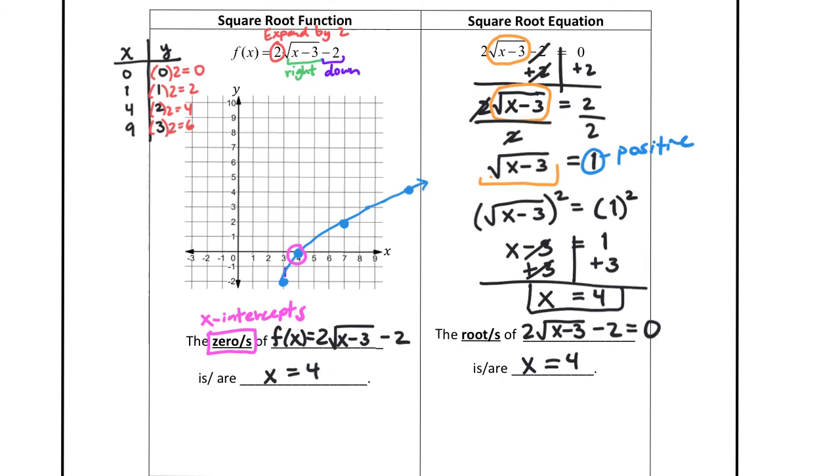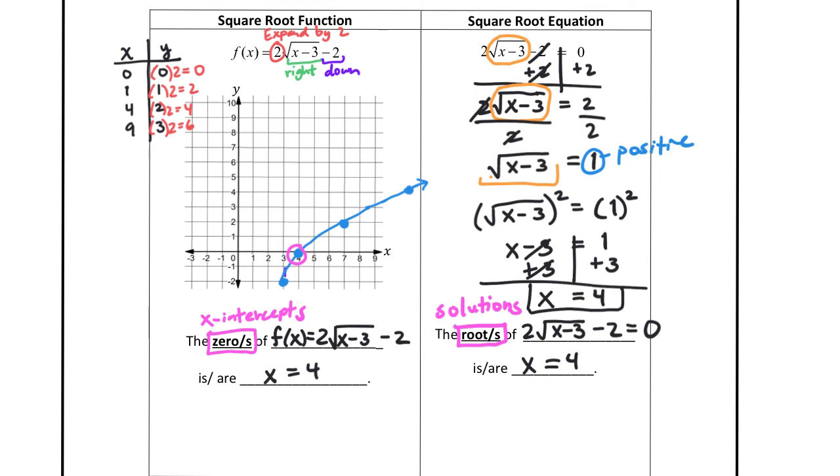So I'm just going to make a note here. The roots, actually, I already know that they're x-intercepts from the left side, but the solutions of the equation.